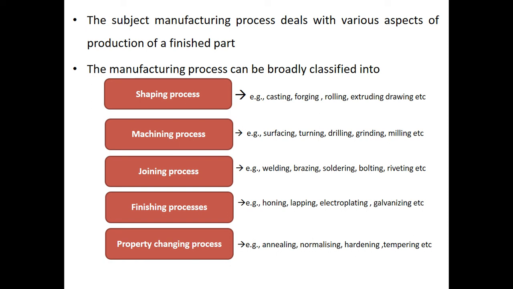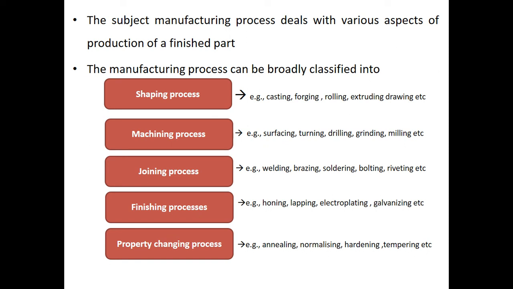For example, you cannot use a component obtained directly from casting sometimes, because the surface may have a lot of undulations and you need to machine the surface. That is the second classification, machining.